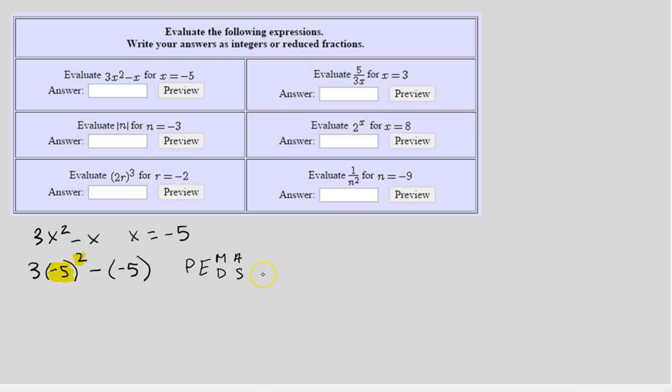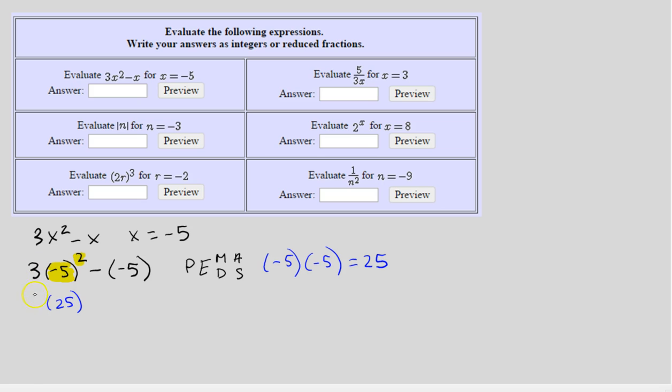I'm going to do this on the side, and then we'll put in our quantity. So -5 to the second power means 2 factors of -5, or multiply -5 by itself twice. A negative times a negative is positive, so our result is 25. So now I'm going to replace this with 25.